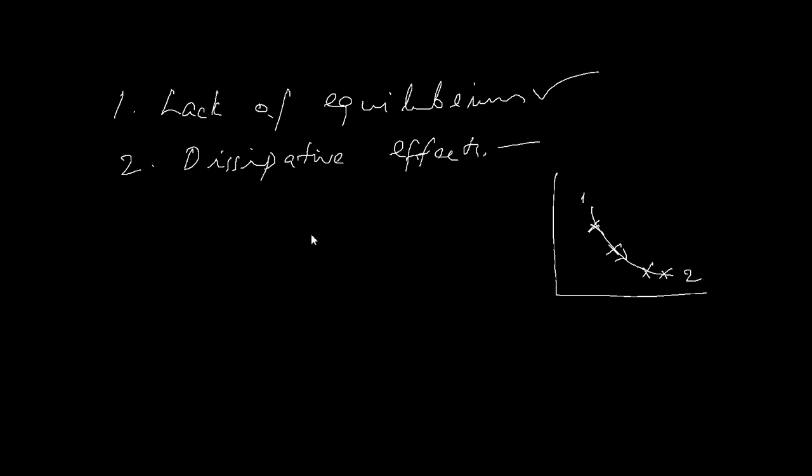An actual process cannot be reversed. Friction is the major dissipative effect. In every work transfer, there is a friction effect involved in it. So in an actual case, you cannot produce a work transfer without frictional loss.